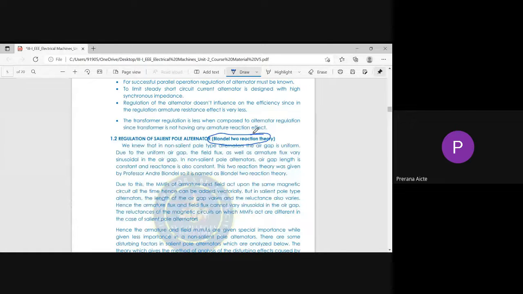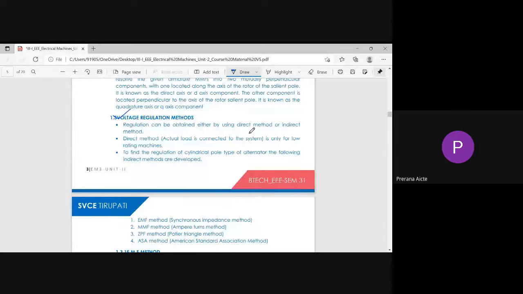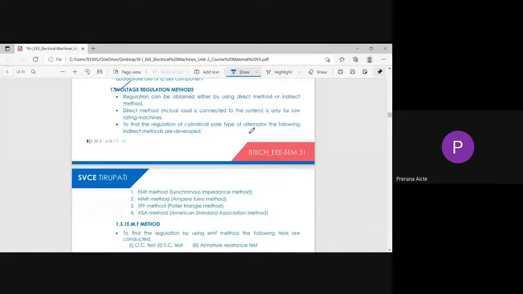By using this two reaction theory, we find the voltage regulation of the salient pole synchronous generator. While coming to the cylindrical rotor synchronous generator, there are some voltage regulation methods. Those methods are the EMF method, MMF method, ZPF method, and ASA method.